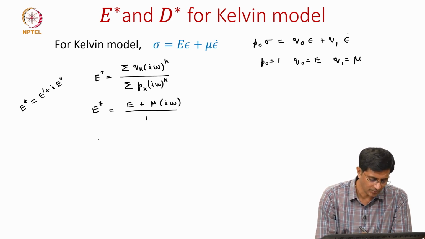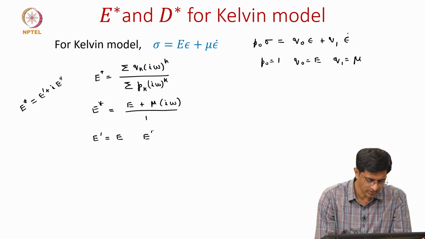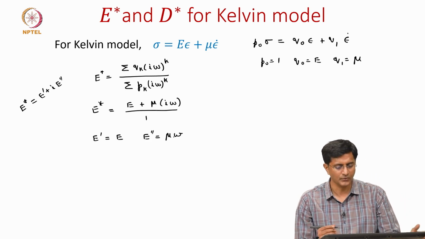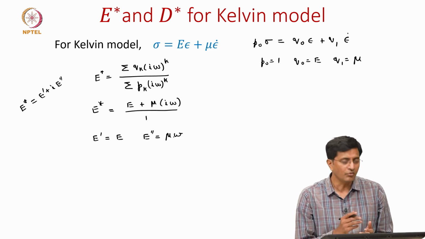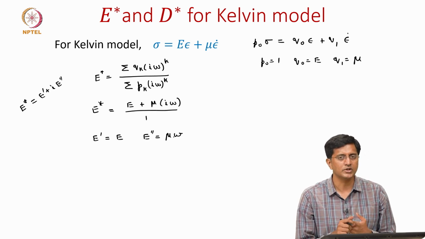So, from here I should be able to write E star equals E and the loss modulus is mu omega. Okay. So, now we are able to show the complex modulus, both storage and the loss modulus.